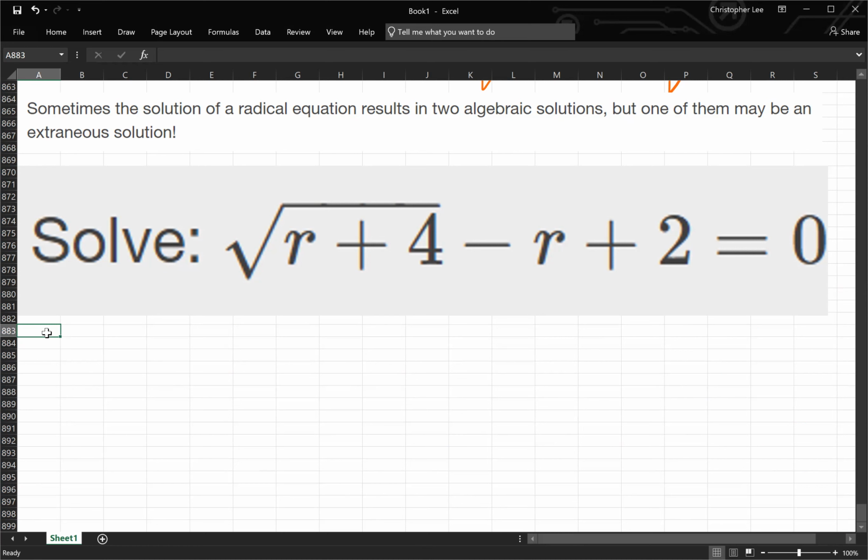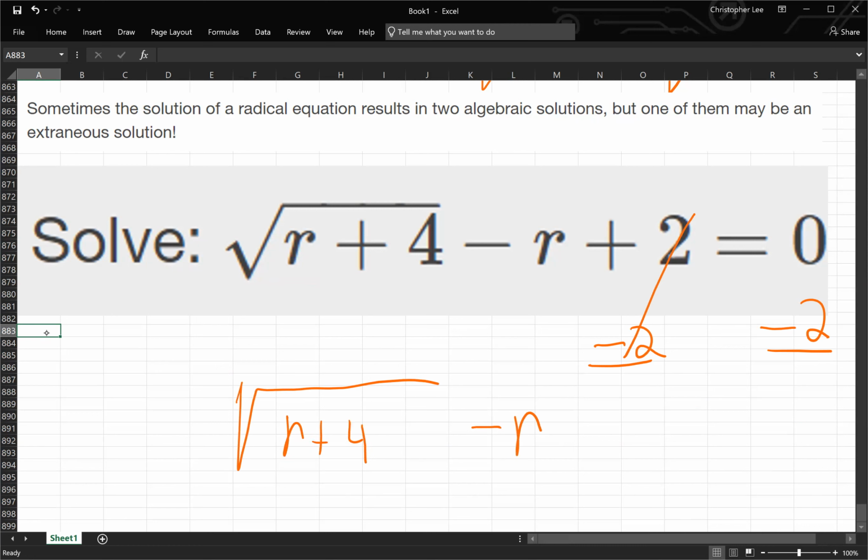So I have the square root of r plus 4 minus r plus 2 is equal to 0. What am I going to do? Subtract 2, very good. What I do to one side, I got to do to the other. So now I have the square root of r plus 4 minus r is equal to negative 2.